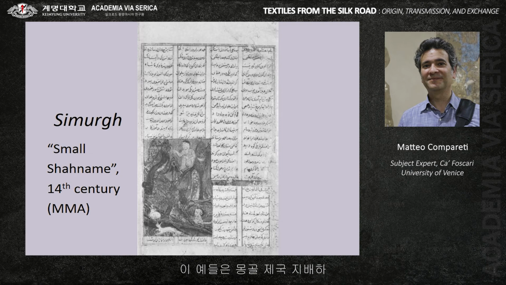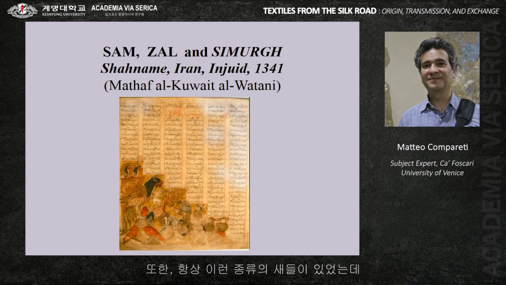They are from the Injuid, which is post-Mongol period Iran, or Ilkhanid, which is Mongol. And we have always this kind of bird, which is characterized by feathers or horns or antlers on his head, and is not flying like the Chinese phoenix usually.